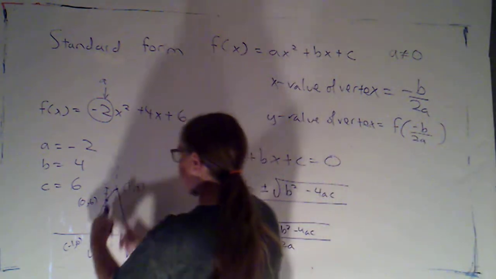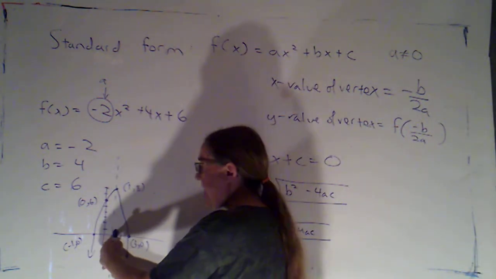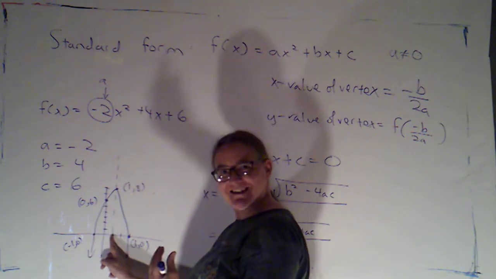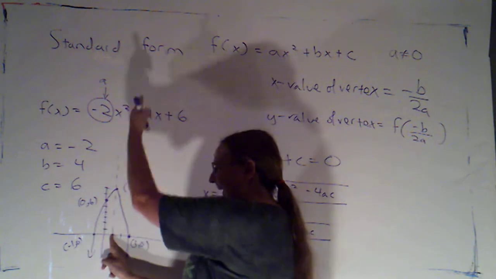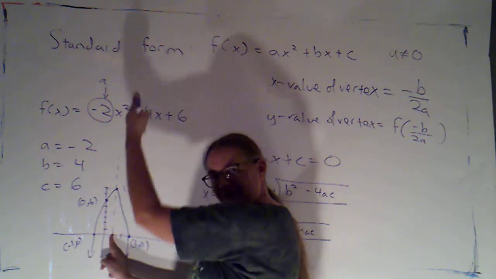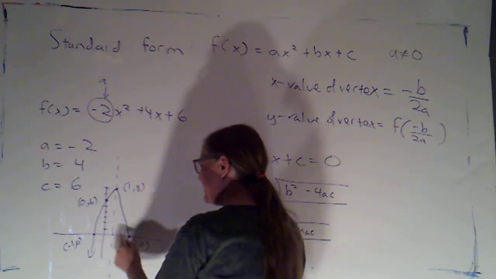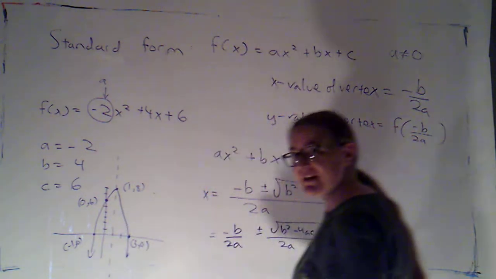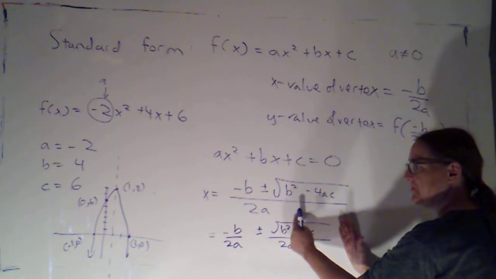Notice in that case that gave us a 1. And then my two x-intercepts were the same distance away from this axis of symmetry, which was the vertical line x equals 1. This point was 2 to the right, this point was 2 to the left. In this particular problem, this is 2.